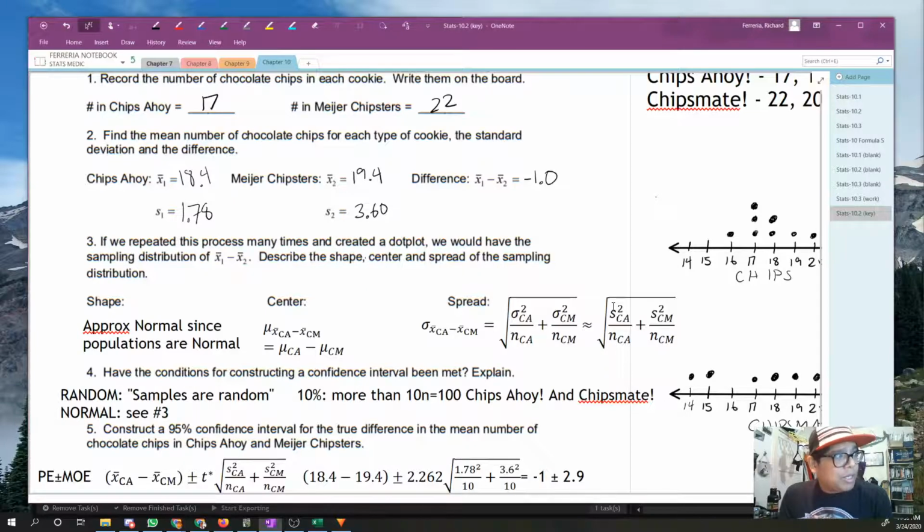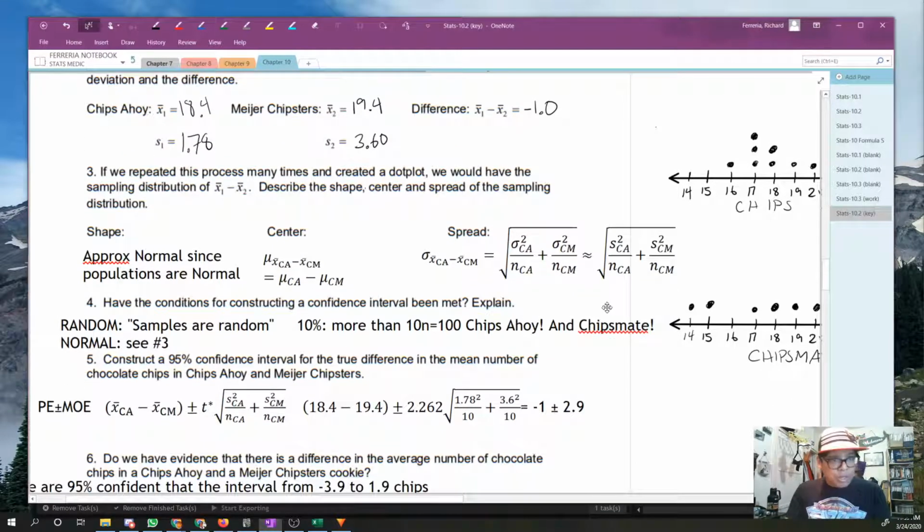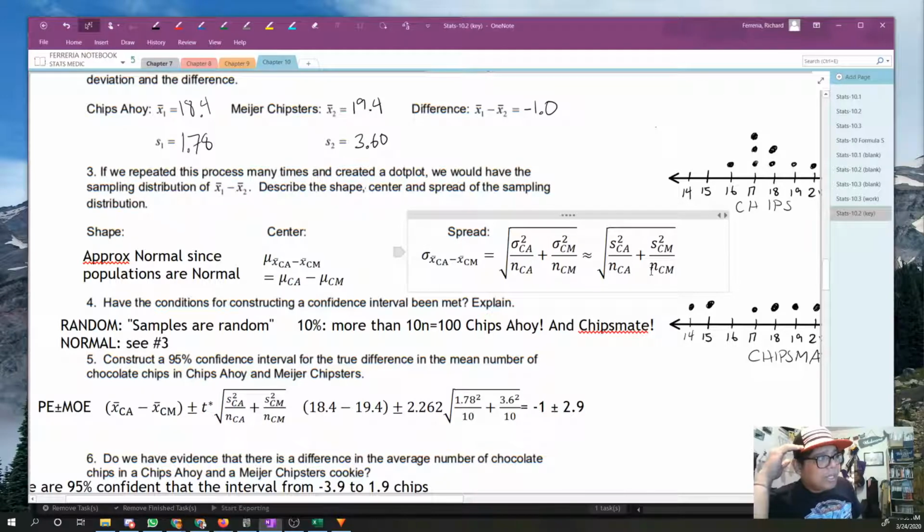So next, we're going to construct that 95% confidence interval for the mean difference, or the mean of the true difference in the number of Chips Ahoy cookies. Now, you already know how to do this, so I feel pretty comfortable just going to the answer here. It's the general formula, which is the point estimate plus or minus our margin of error.